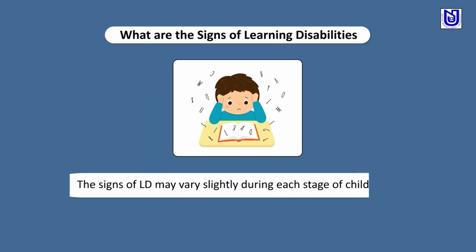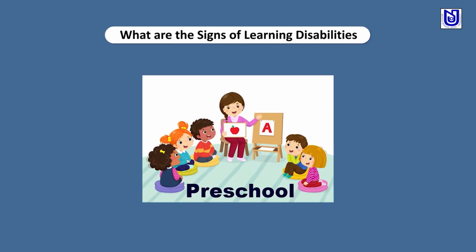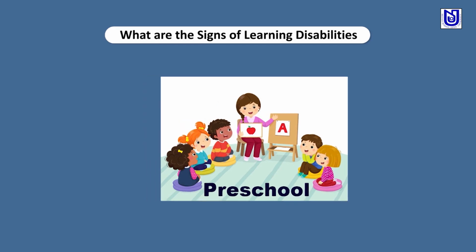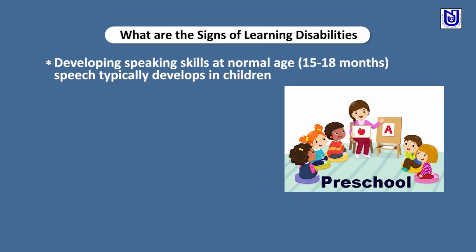The signs of learning disabilities may vary slightly during each stage of childhood. At preschool, a child may have difficulties developing speaking and communication skills at the early ages when speech typically develops. Pronunciation, especially of simple words, may be a problem.